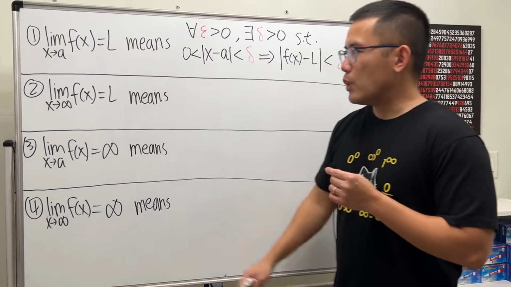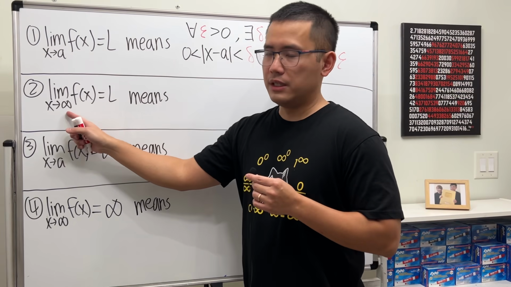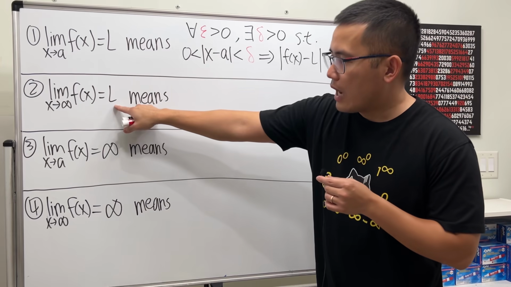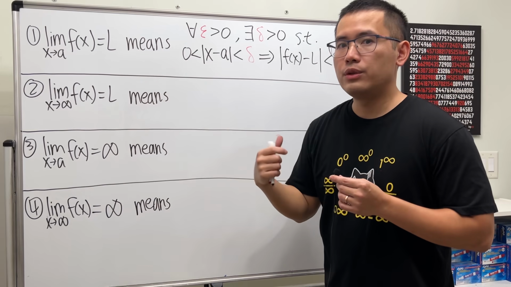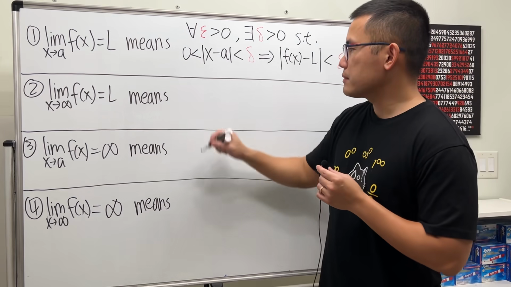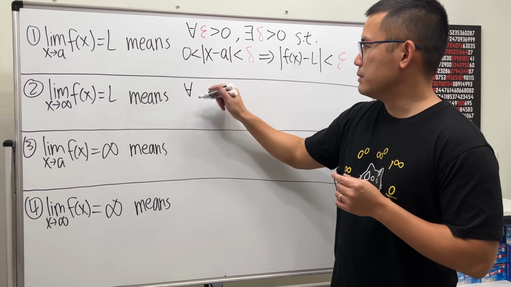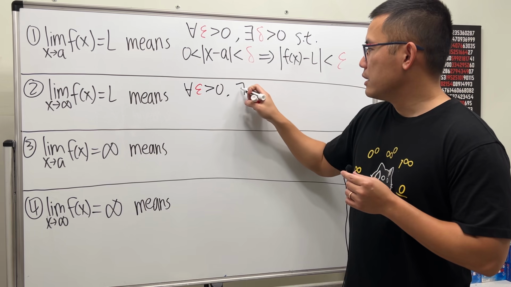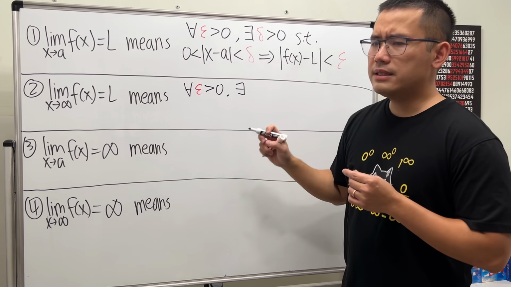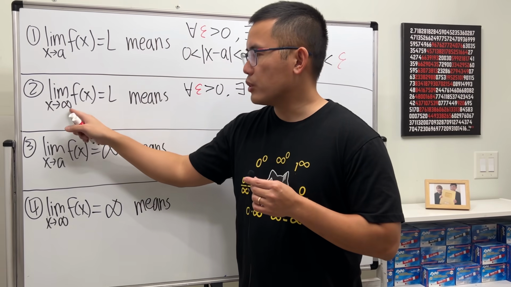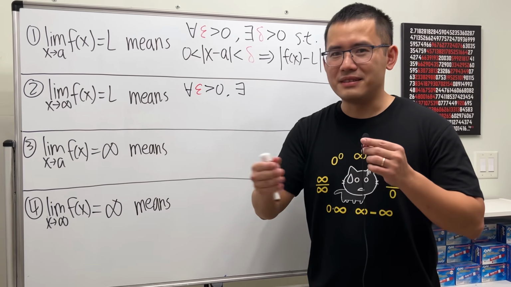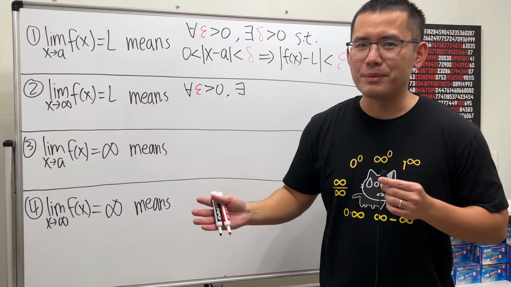Now, for the second one, we have the limit as x approaching infinity of f of x that's equal to L. Again, L is finite, so we like to use epsilon first. So pretty much similar. For all epsilon greater than 0, there exists. But this time, what does x approaching infinity mean? It's not that x minus infinity is less than a number anymore, right? Don't think about it like that.